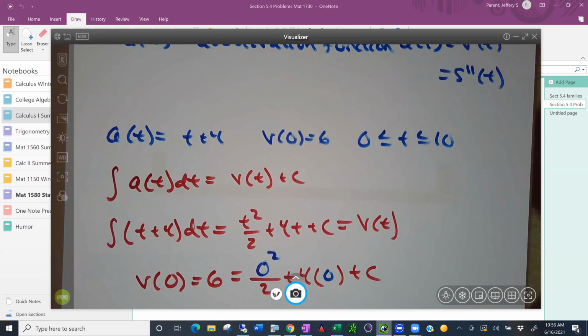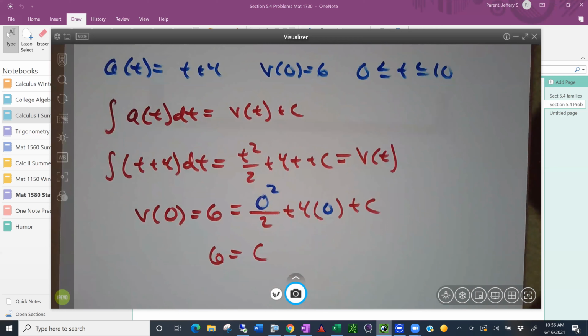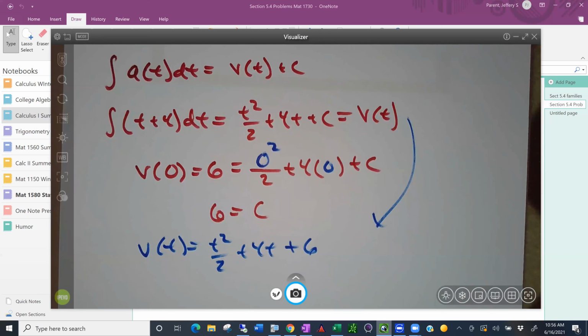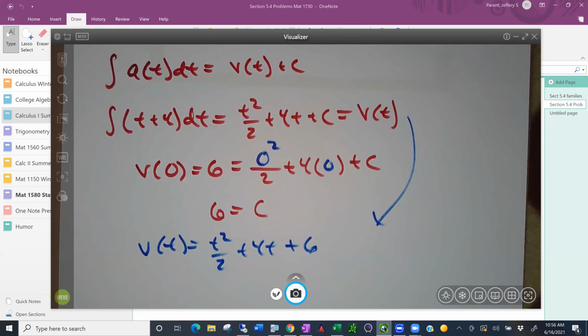So that's 0 and that's 0, and I end up with 6 for c. I can put that in for my function now. V of t equals t squared over 2 plus 4t plus 6. Nice. So there's your velocity function. Are you okay with that calculation?